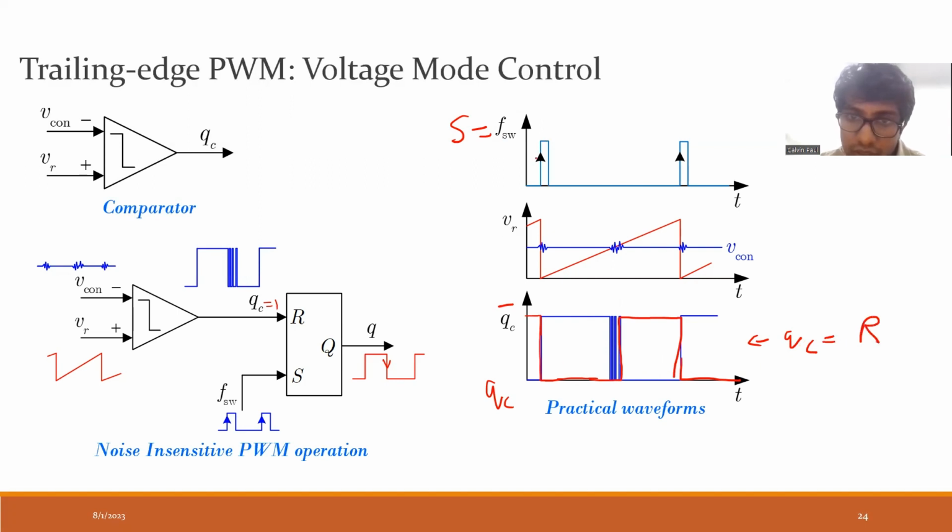Set comes, Q will become 1. It goes high like this, and at that time QC is 0. When QC becomes 1, R will become 1 and Q will fall down to 0. So this is actually your trailing edge PWM voltage mode control.